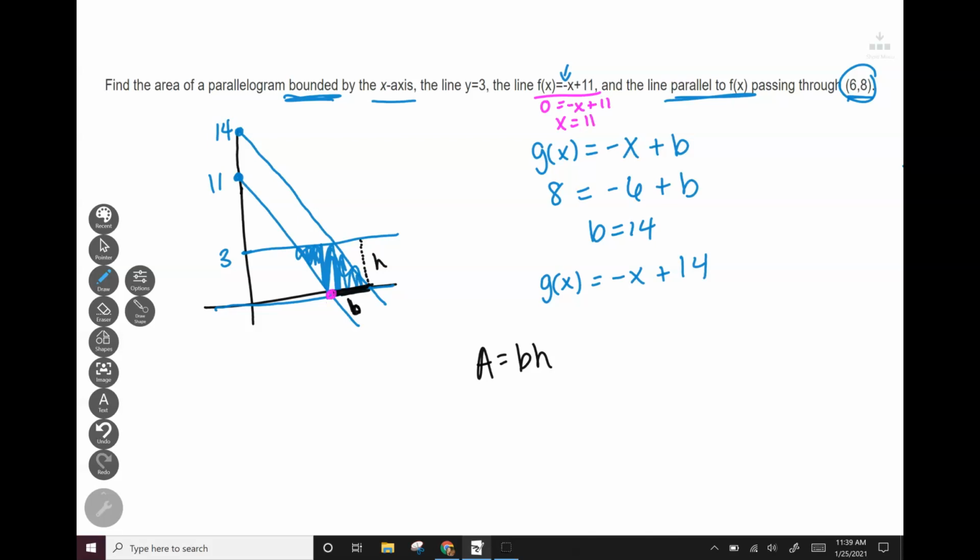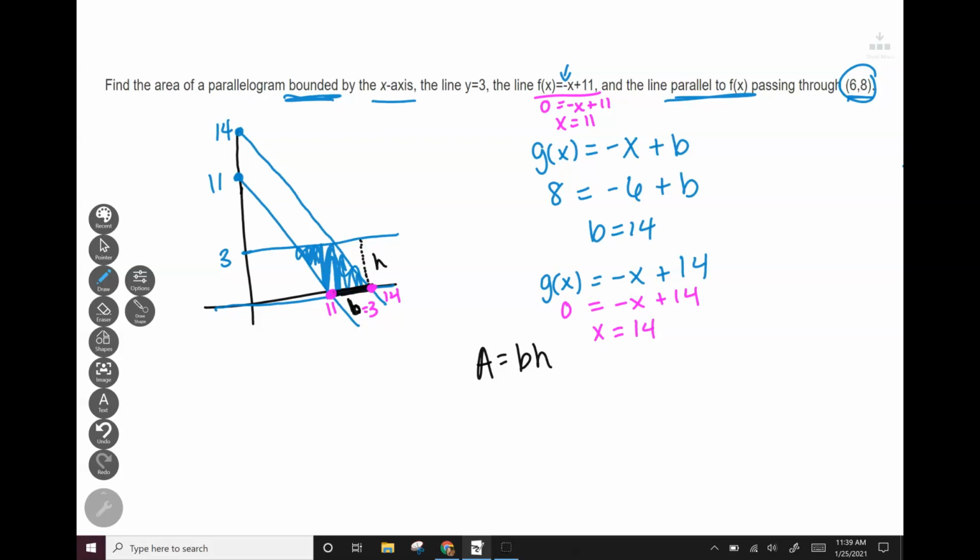So this point is 11. And then for this one, plugging in 0 for y and solving for x, just adding the x over, x equals 14. Okay, so now I've got the base is from 11 to 14, that is 3.